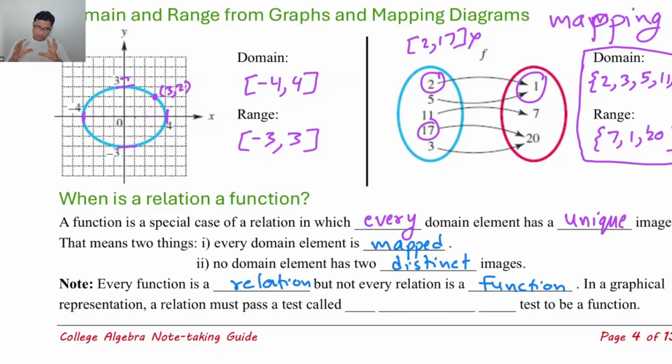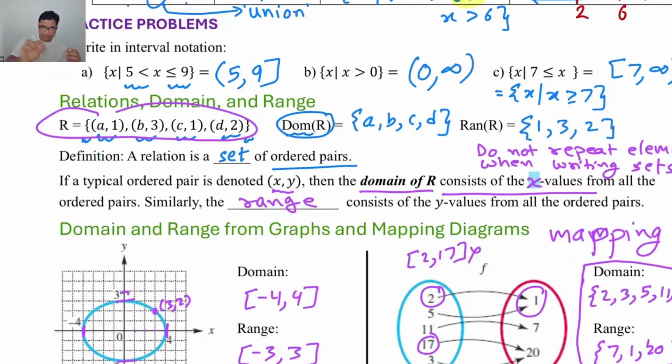So the definition that we used here, every element should have a unique image, can be applied or visually seen when you look at a mapping diagram, or analytically if you look at ordered pairs. You can try to figure out if every element is mapped, and if there is no repetition of the domain element.